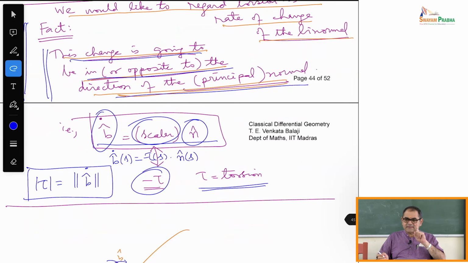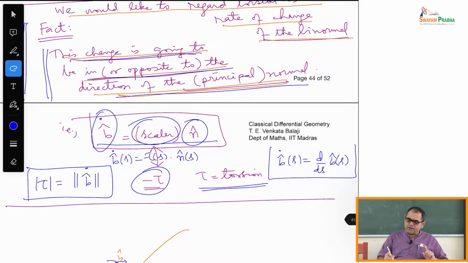There is this s lurking around everywhere, and b hat dot of s is nothing but d by ds of b hat of s. This dot is with respect to arc length. You suppress the s, but the s is there everywhere. So the torsion also changes with arc length. At every point, the torsion is different.